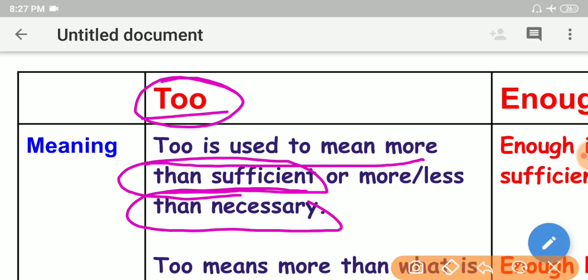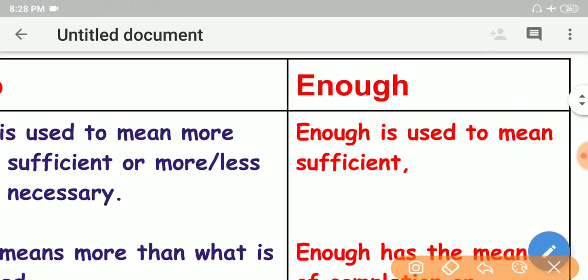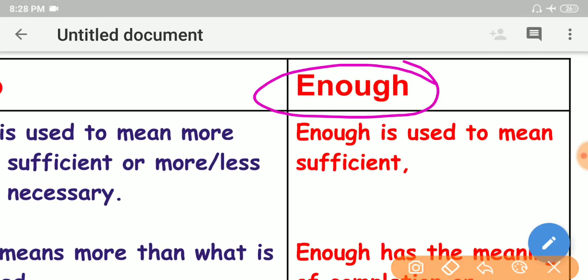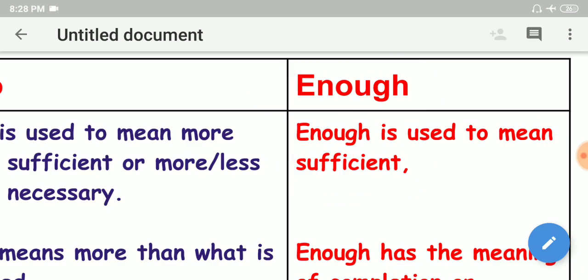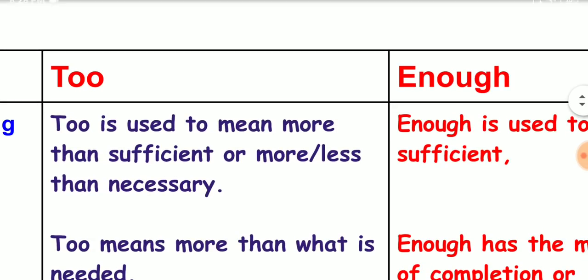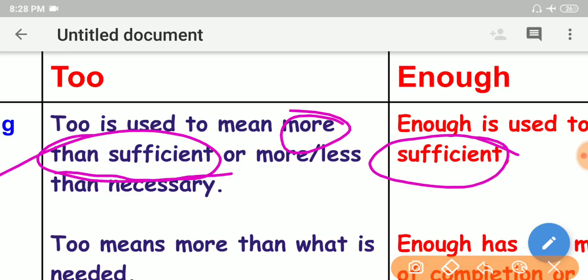In such conditions, we use too, my dear friends. At the same time, what is the meaning of enough? Enough is used to mean sufficient. So, too is used to show more than sufficient, whereas enough is used to refer to the things which are sufficient.